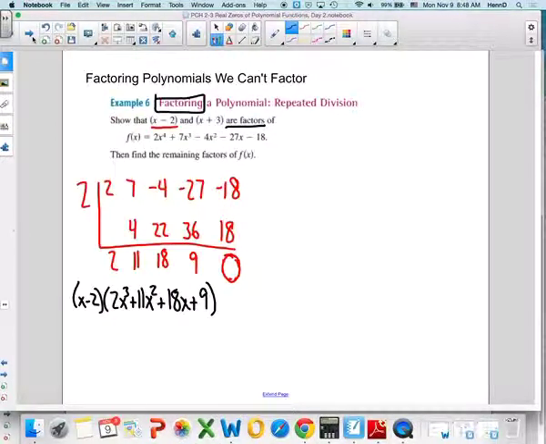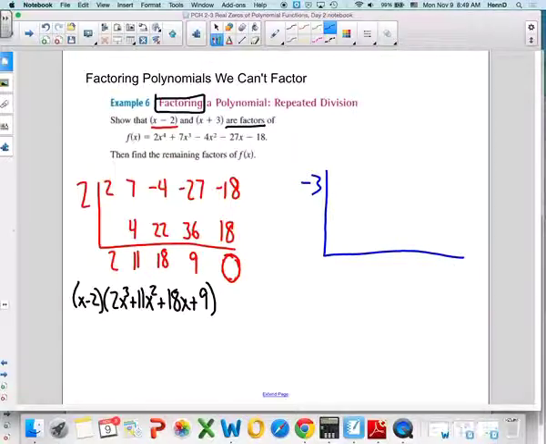Alright, so to continue this, we need to divide by x plus 3 now. What are we going to divide by x plus 3? The new one with the x cubed. We're going to use the negative 3 this time. So k is going to be negative 3.